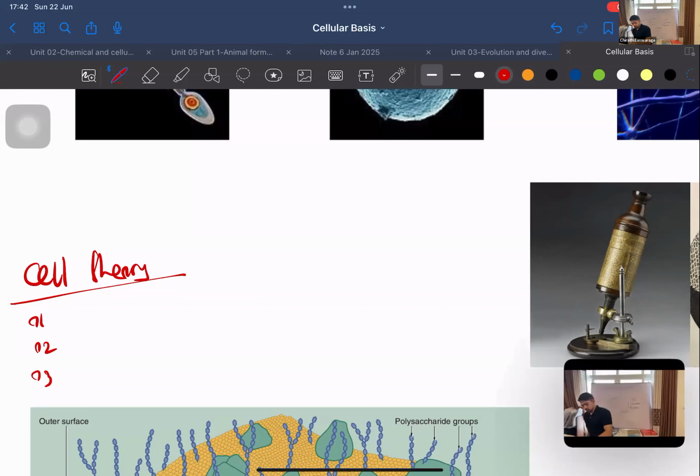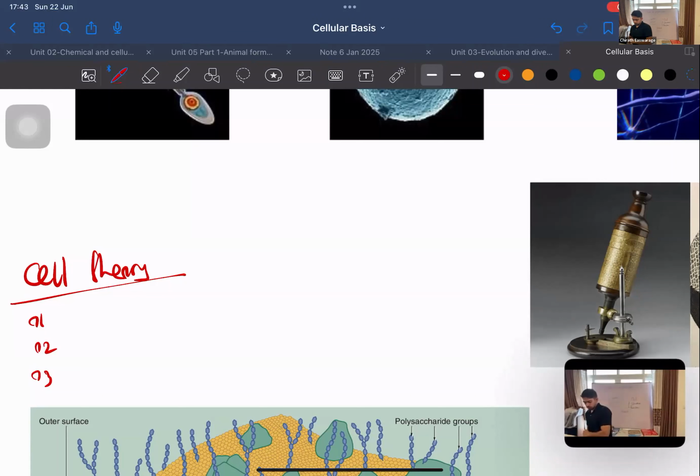Number two, the basic structural and functional unit of life is the cell. Number three, all cells arise from pre-existing cells.